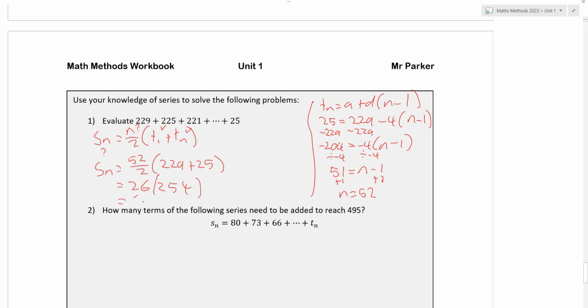What is it? 6604. Guys, this is a good habit to get into for methods. Once you have just numbers, don't worry about solving individual parts. Just put it all into your calculator. One of the biggest things that separates people that do really well and people that find it harder is efficiency. So it's a good habit to try and be as efficient as possible.